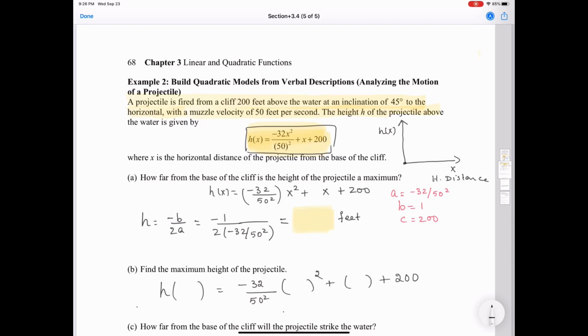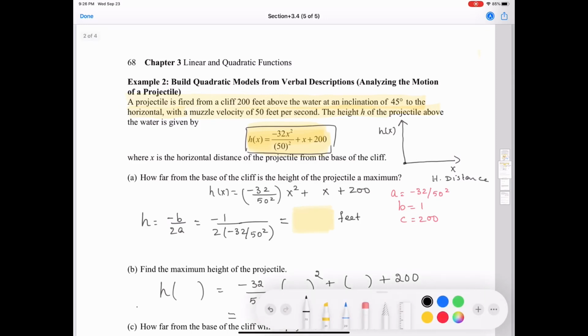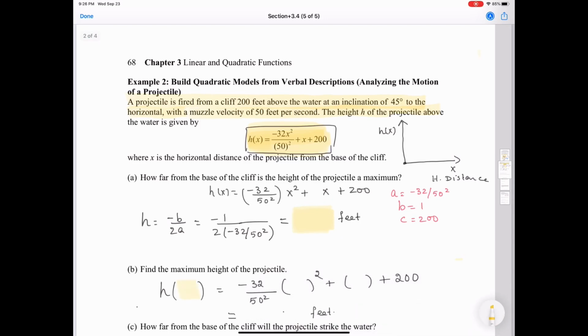Whatever answer you get will be the height of the projectile, and that is going to be in feet too. You will be doing this simplification, and if you want to check the answer, ask during class.